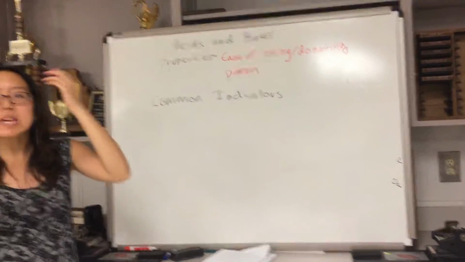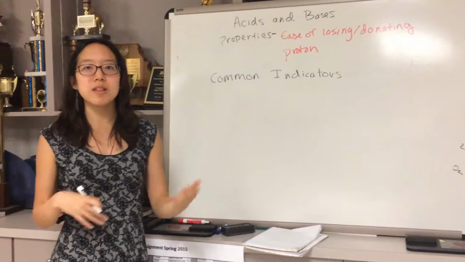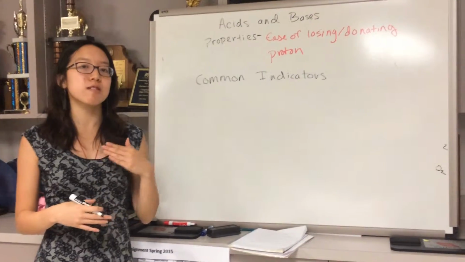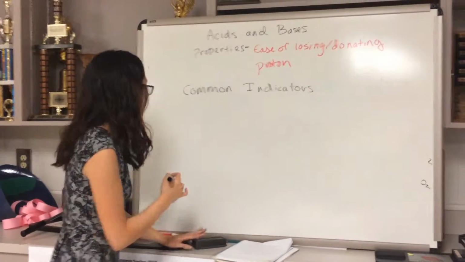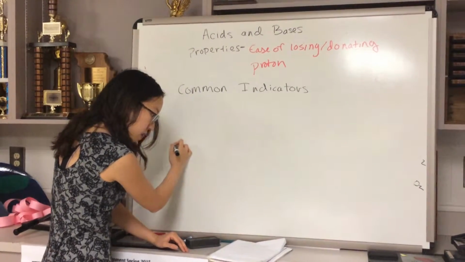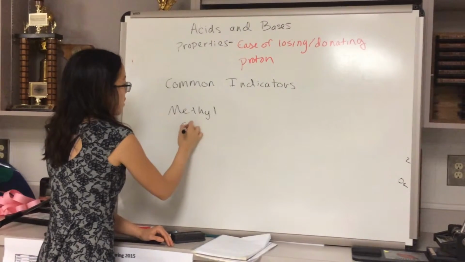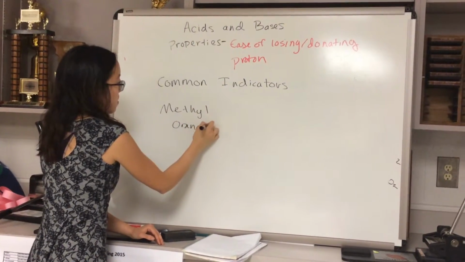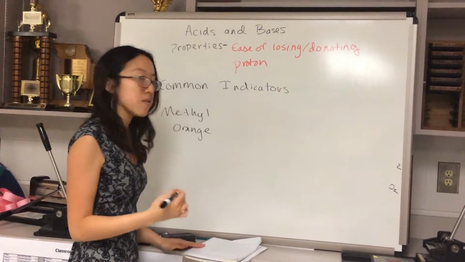It's assumed that pink will be acid and then blue will be base, and this is common in a lot of titrations, but you can't really assume this because there are a variety of different indicators that have all sorts of characteristics. So let's talk about a few common ones. We have methyl orange. Methyl orange is a common one. We also have bromothymol blue.